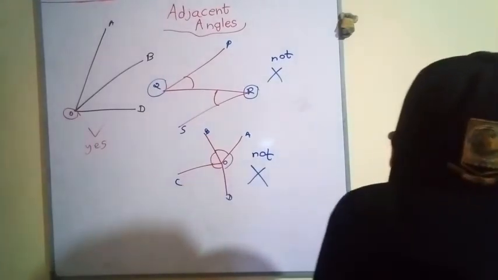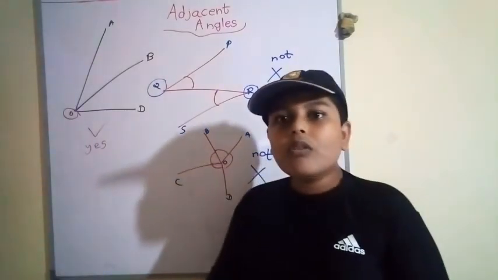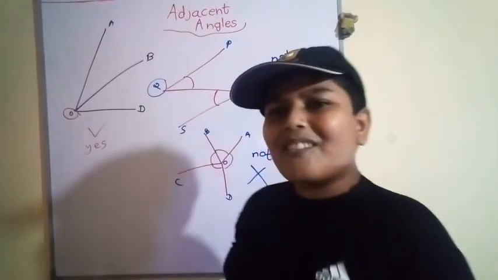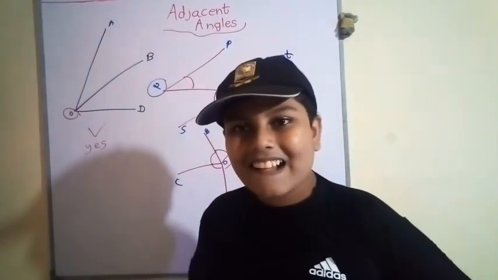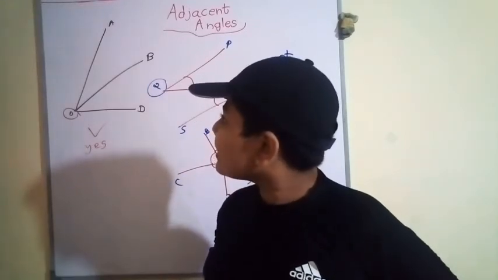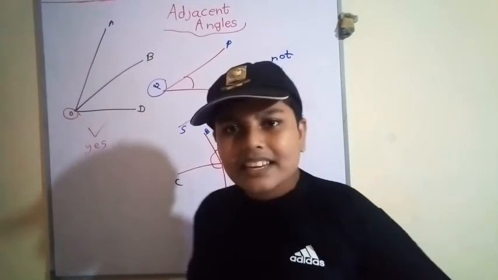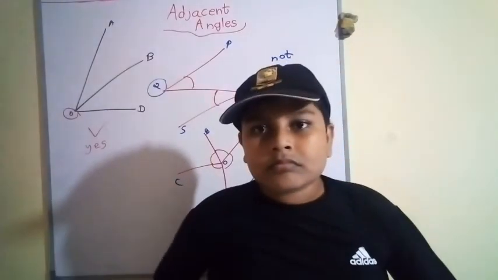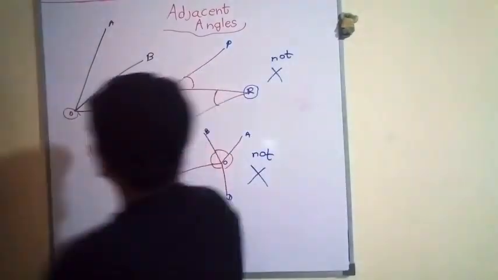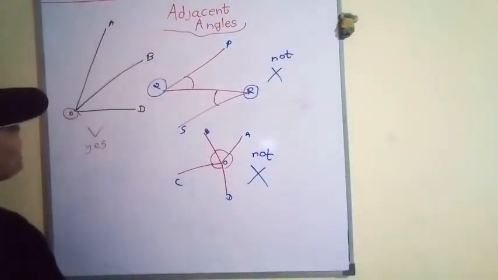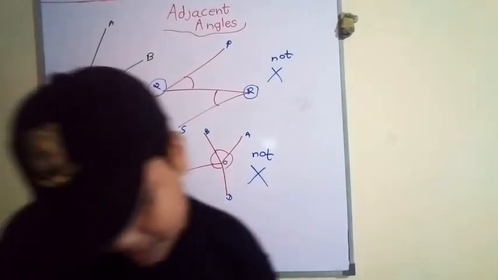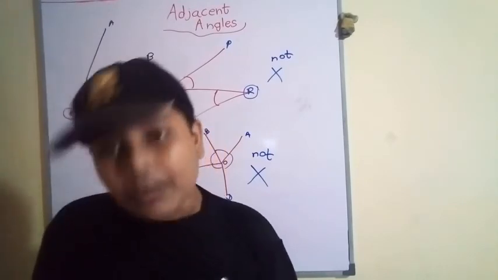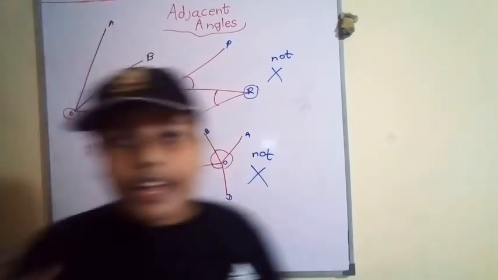What is this? Is it an adjacent angle? Do they have a common arm? Now you look, they have a common arm BO, right? But they have no common arm because AO is also a common arm.